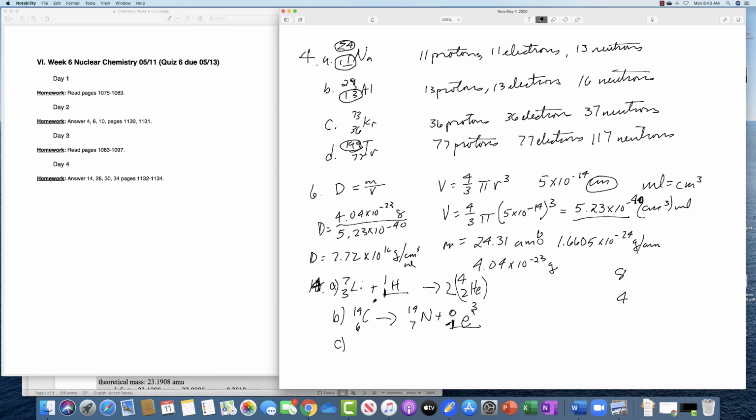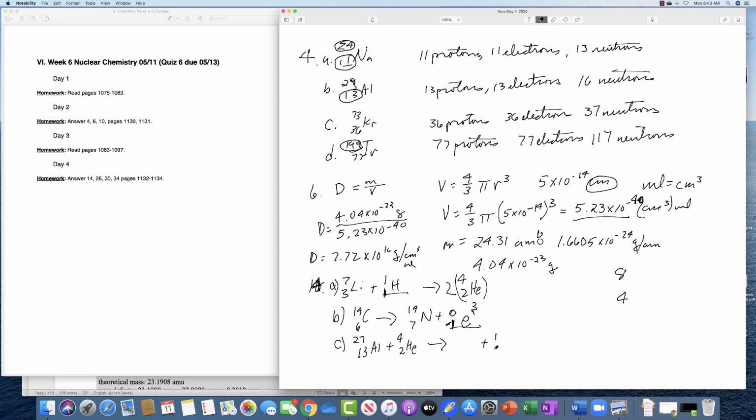The third one is aluminum 27 plus helium. So we have 27, 13 aluminum plus helium, which is 4, 2, which if charged is an alpha particle, and that goes to form something, plus a neutron.